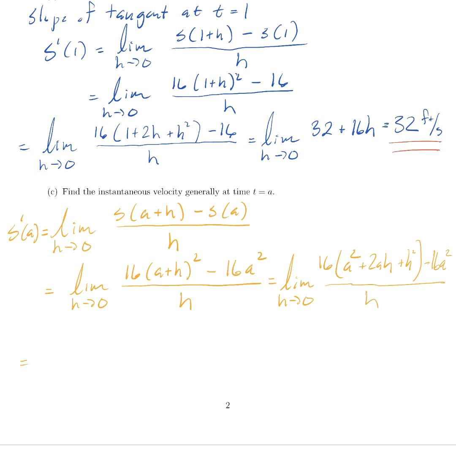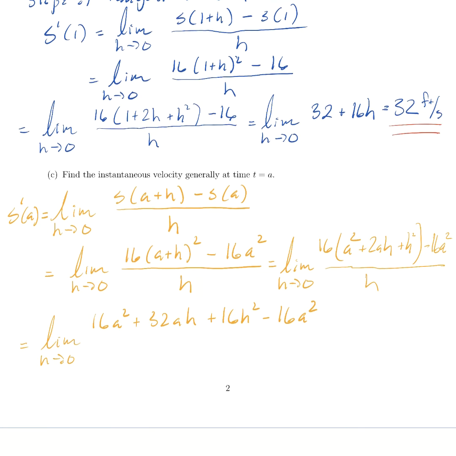Okay, we distribute the 16, we get the limit as h approaches 0. We get 16a squared plus 32ah plus 16h squared minus 16a squared, all divided by h.